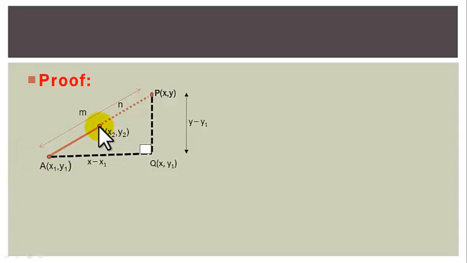Next, we draw a horizontal line through B to meet this vertical line at right angle at this point. We name that point C. Again, in this triangle, the side BC is x minus x2, while the side PC is y minus y2.